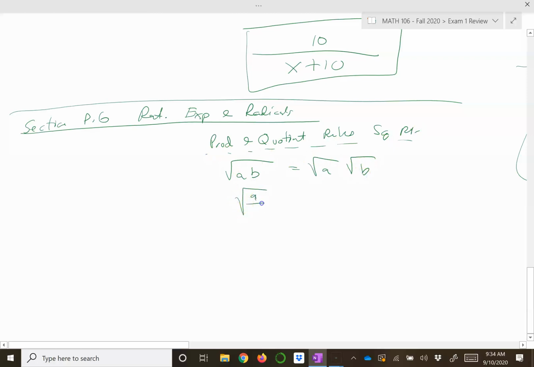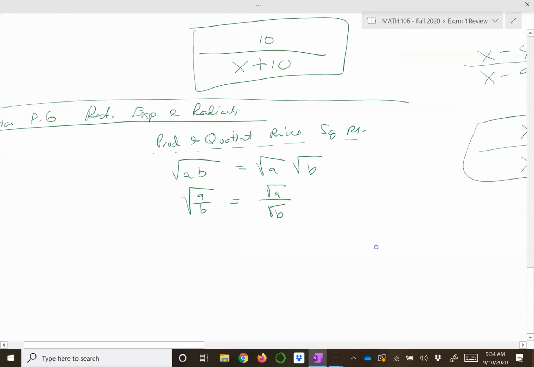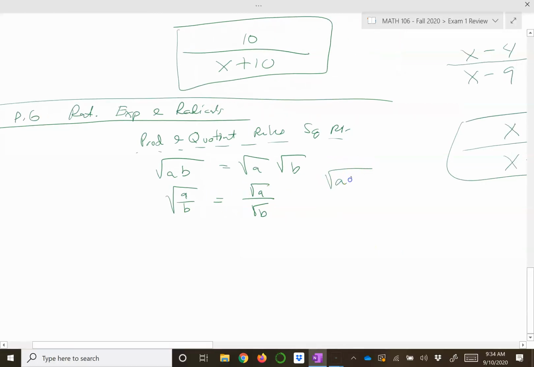And if you had a similar fraction, a over b, you could separate all the terms out. And I warned you, with a nice big warning, you can't do that with addition or subtraction. The square root of a plus b is not equal to the square root of a plus the square root of b. Can't do that. No bueno. Okay?